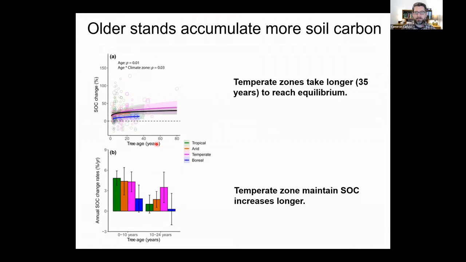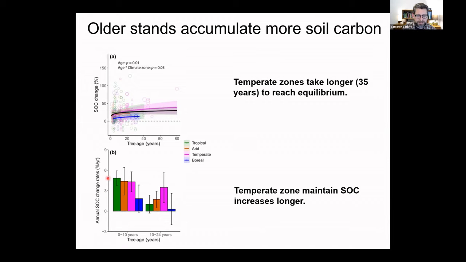And the thing to take away from here is that the temperate zones, the pink line here, continued to add carbon into the system for a much longer time than other locations in the world. It took about 35 years for these systems to reach equilibrium. We see that reflected in the figure at the bottom here.